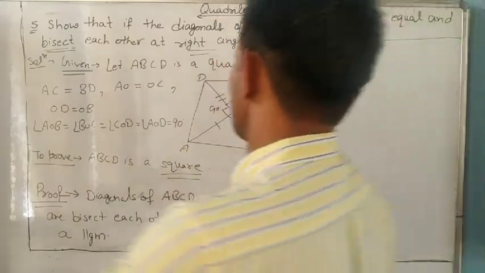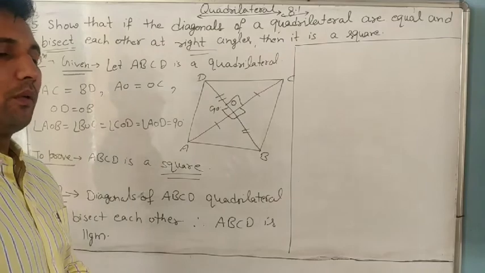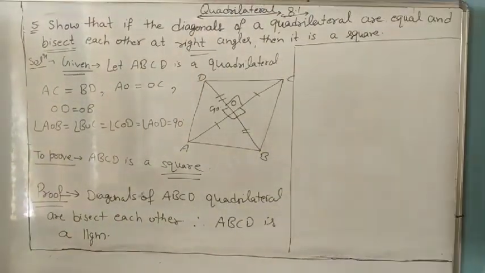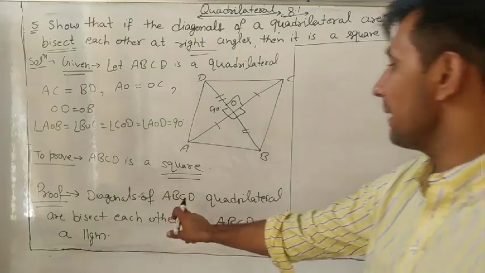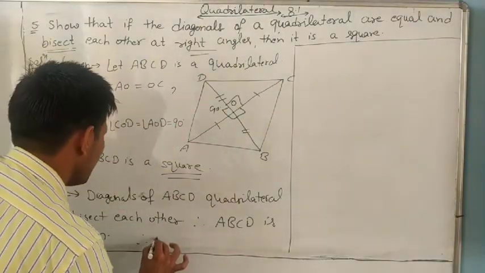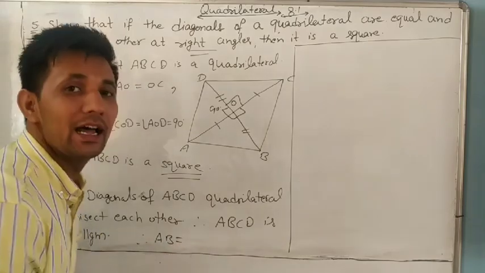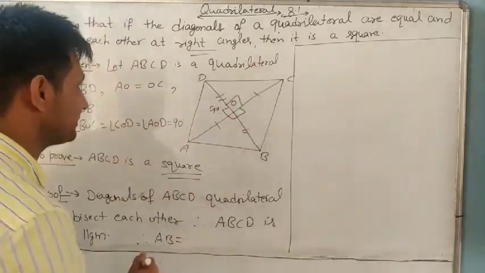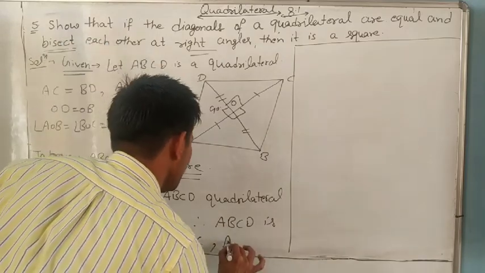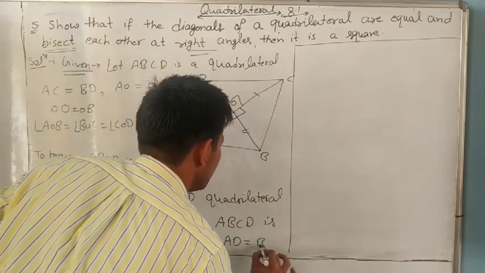It is already a parallelogram, we have proved that. But now we want to prove that each side is equal. If ABCD is a parallelogram, then opposite sides are equal. Because ABCD is a parallelogram, it means AB equal to DC, and AD equal to BC also.